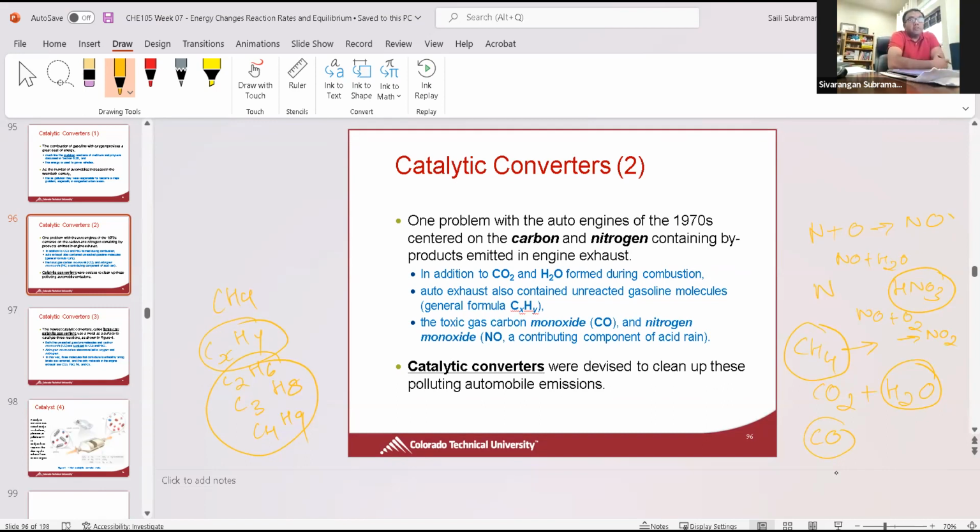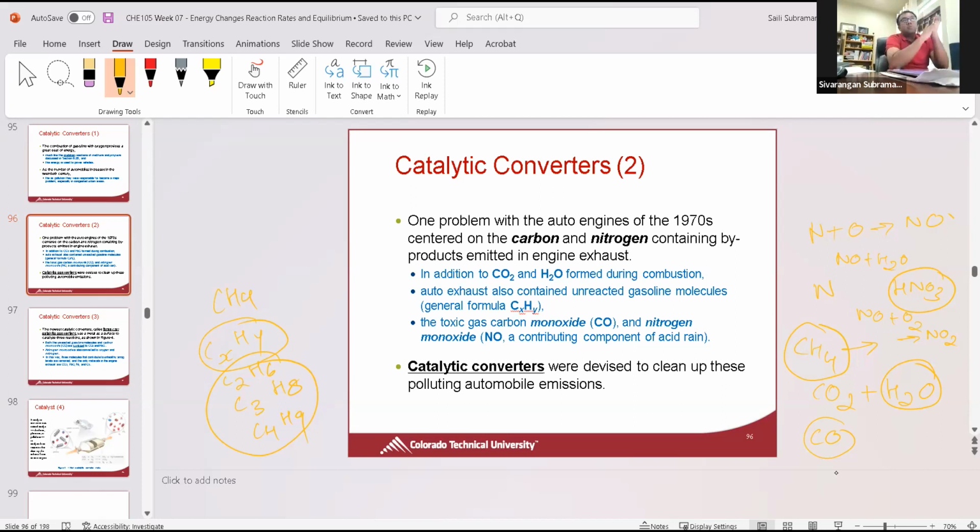So nitrogen monoxide, carbon monoxide, and unreacted gasoline molecules are not good. All the catalytic converter does is give it extra space and extra time, lowers the energy barrier so that all of these reactions can get completed the way they should.